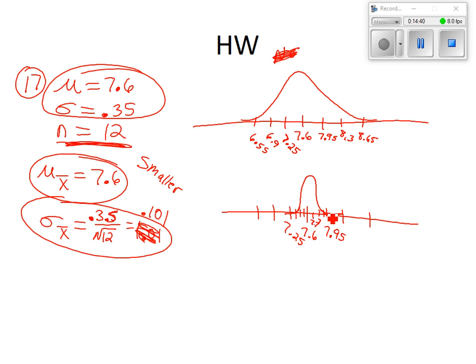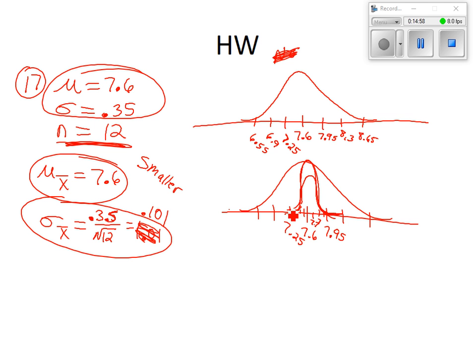And it's not going to go below the line ever. But instead of being this big curve, now it's that small, skinny one. It should be just as tall as the other one, but it's going to be right underneath there.